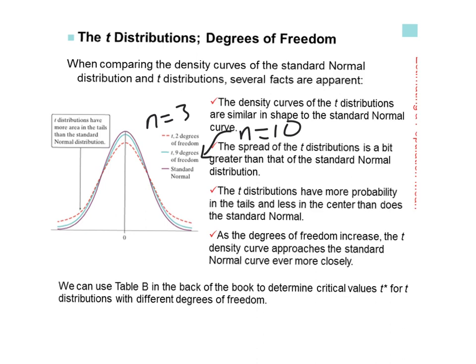Okay, so you'll see two things happen on this diagram. The peak is getting higher, and the tails are losing their area. And here's how I'd want you to think about this.